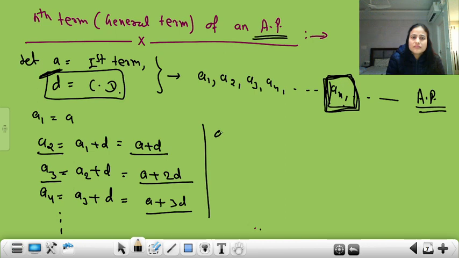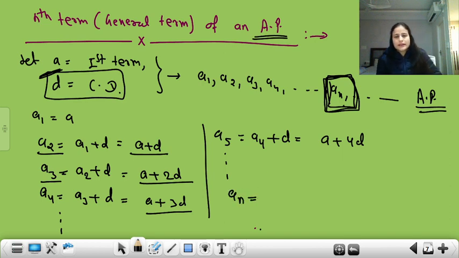Similarly, a5 will be a4 plus the common difference d, the definite quantity, and a4 is this, so a plus 4d. So children, when I observe the pattern between a1, a2, a3, a4 and a5, then clearly I can write down the nth term. Yes or no? I can write down the nth term, right?